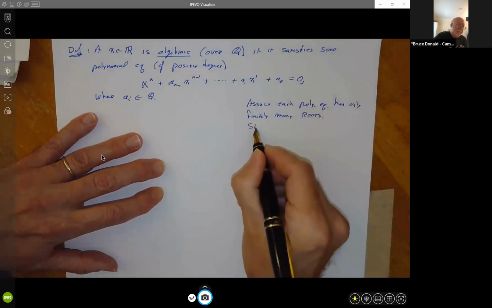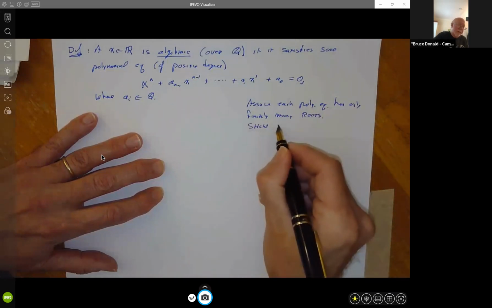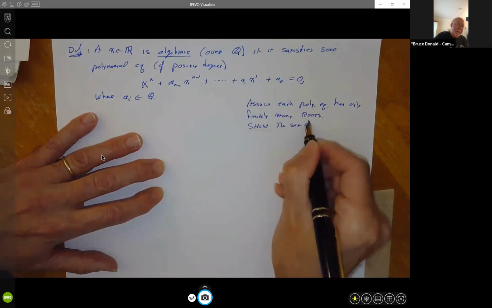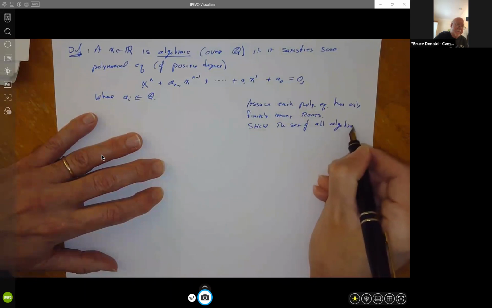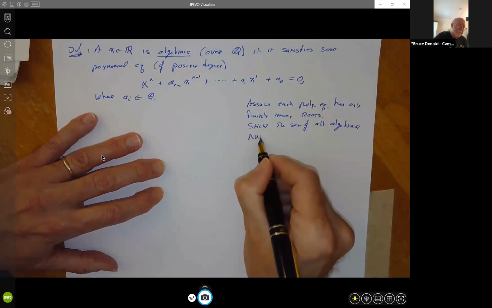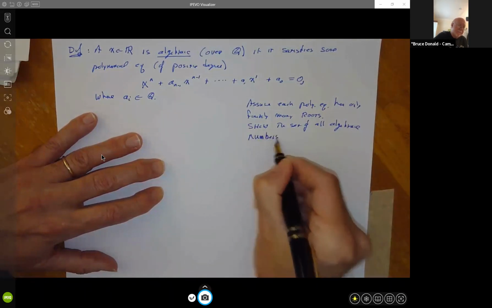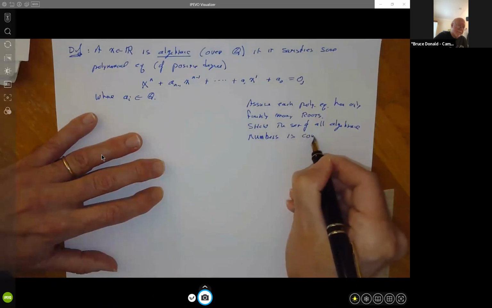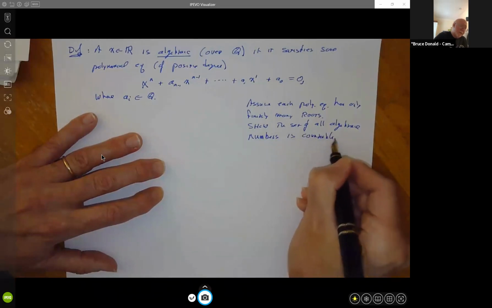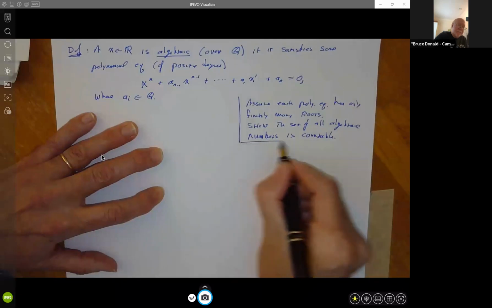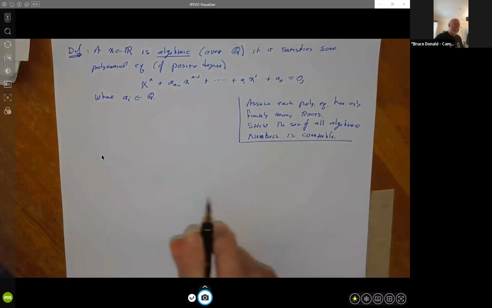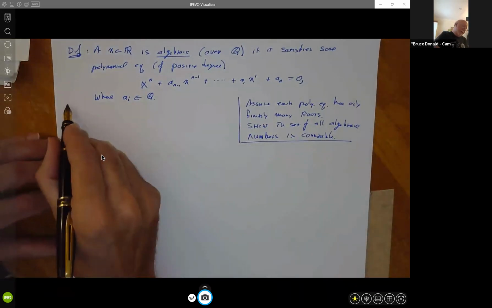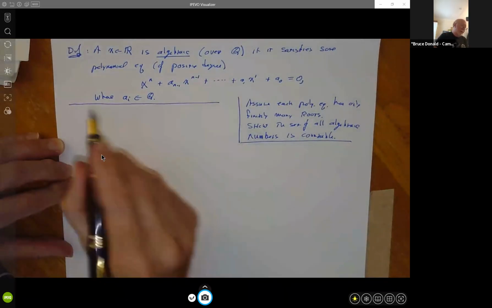And then I'm going to show the set of all algebraic numbers is countable. So this is my plan, but I have to find a way to do it. Good question, what is the root? I'm going to do some examples because your question is excellent.